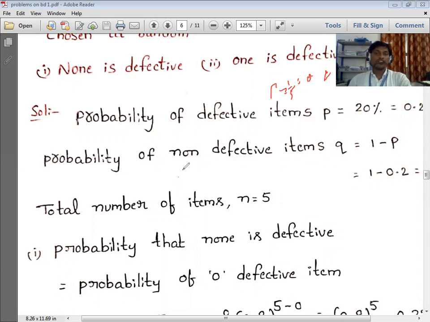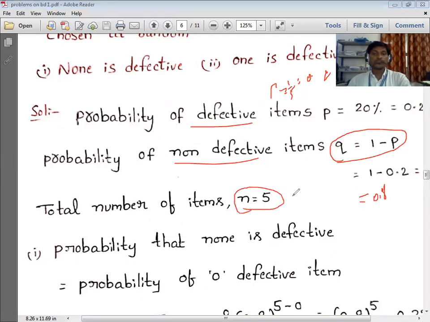And if you know the value of p, obviously we can get q by using the relation p plus q equals 1. So 1 minus 0.2, that is simply 0.8. Here defective is p, and q is the opposite, that is non-defective. Next, randomly how many items did we choose? 5. So n we know, p we know, and q we know.